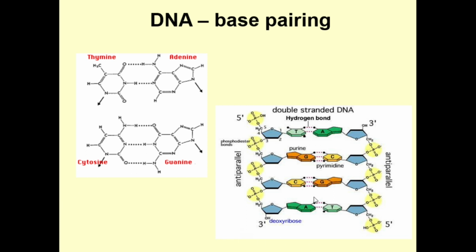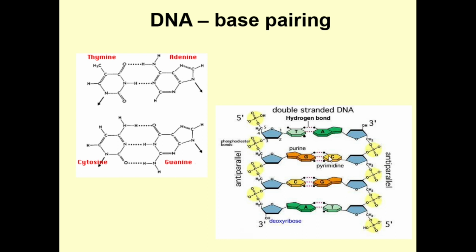And here we can see them actually in place. Up here we've got a nucleotide, so this is one strand of DNA, and this is the opposing strand running anti-parallel, in the opposite direction. We can see T and A joined together, those two hydrogen bonds holding them together.